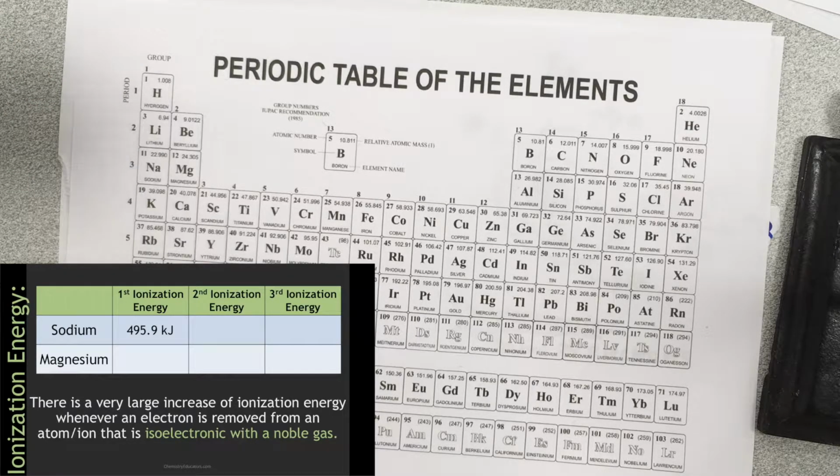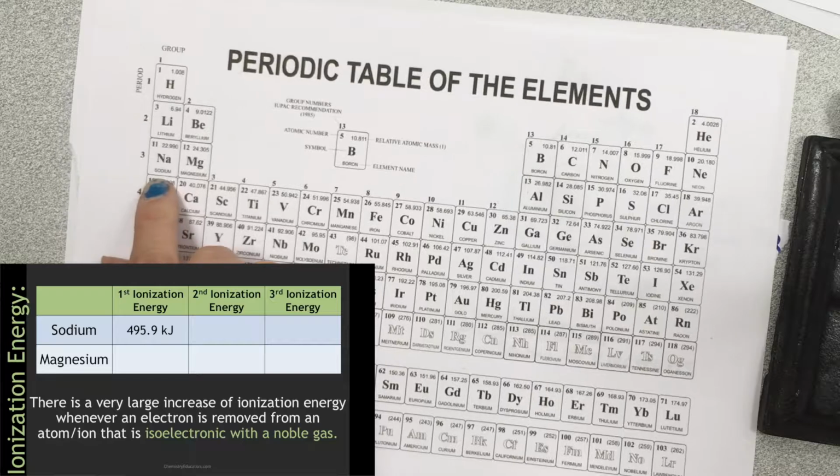That's the amount of energy it takes, the heat. If you haven't learned it in physics, you'll hear it a lot in my class. Kilojoules is just a form of heat, a measurement of heat, and energy, sorry. We'll talk about that being the same thing later. Anyways, it takes that much energy to pull off an electron and make sodium an ion. So it doesn't take that much energy.